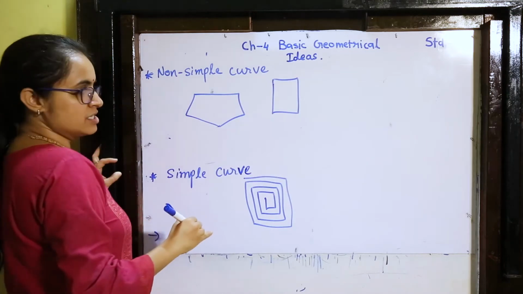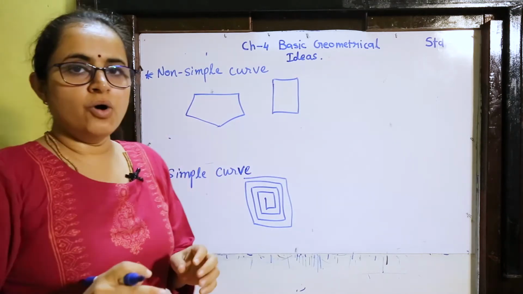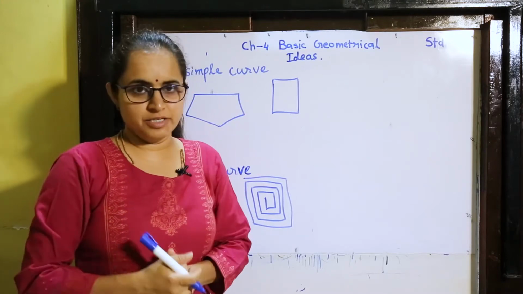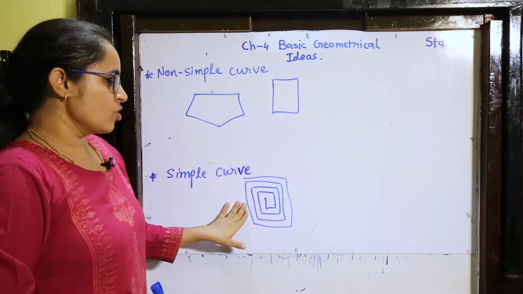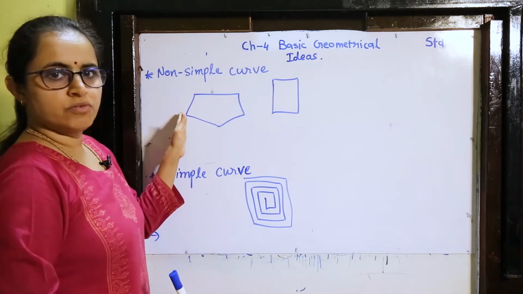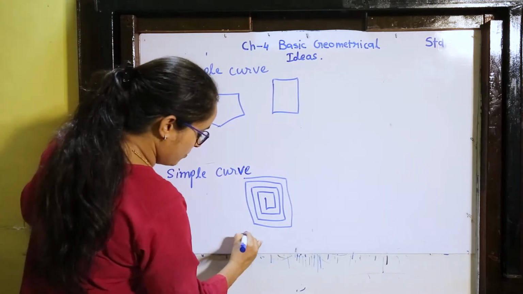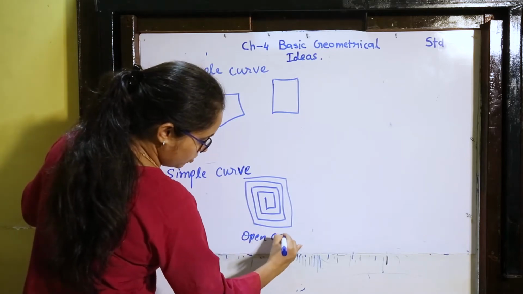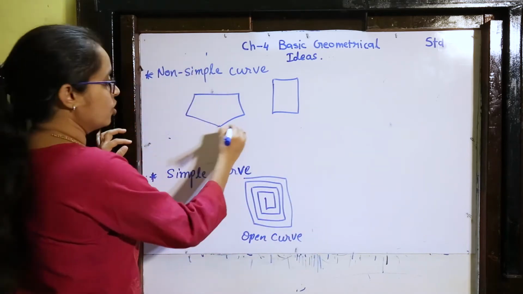That is also non-simple curve. So the curve which crosses itself, which joins itself, is called non-simple curve. This is closed curve. This is also known as open curve. Open means they are not closed. Okay. And they are known as closed curves.